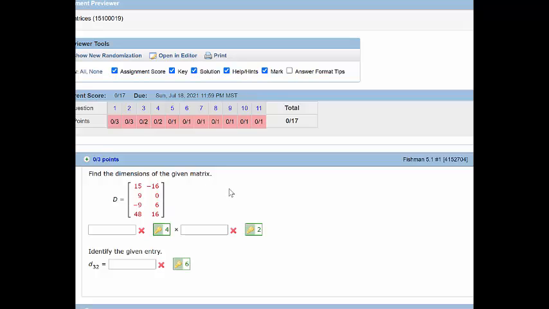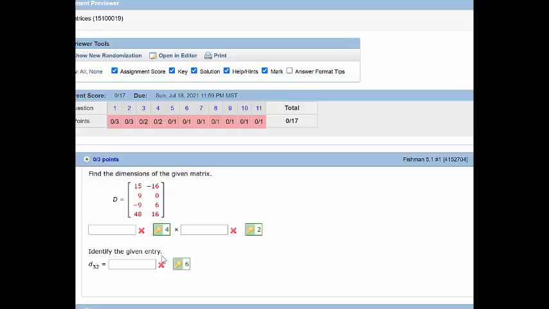Is it 4? Yeah, 4 rows. 1, 2, 3, 4. These are rows here. And then 2 columns, right? So that's why the order of the matrix is 4 by 2.